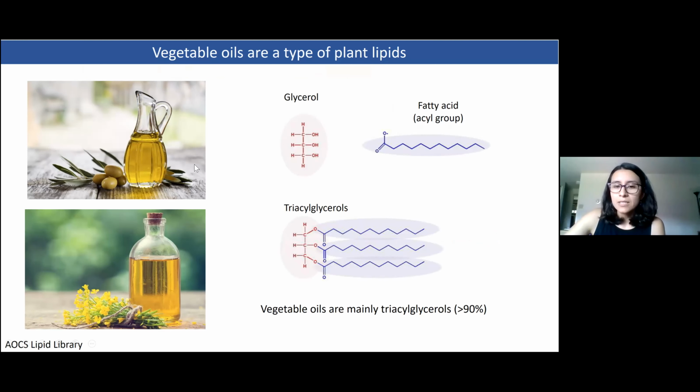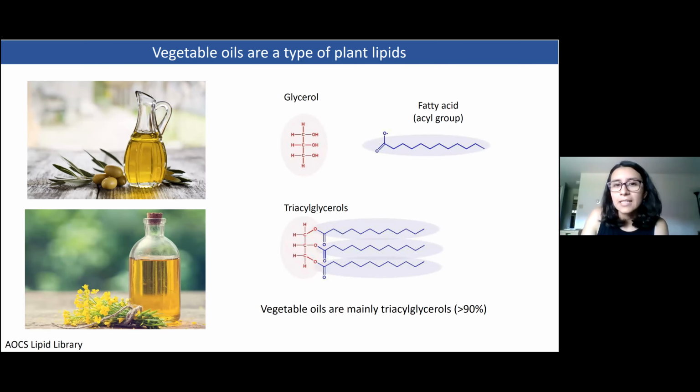These vegetable oils are mainly triacylglycerols, formed with a backbone of glycerol and three different fatty acids attached. These are the molecules that form around 90% of the vegetable oils that you use for cooking and eat. And that's what most people think about with plant lipids.